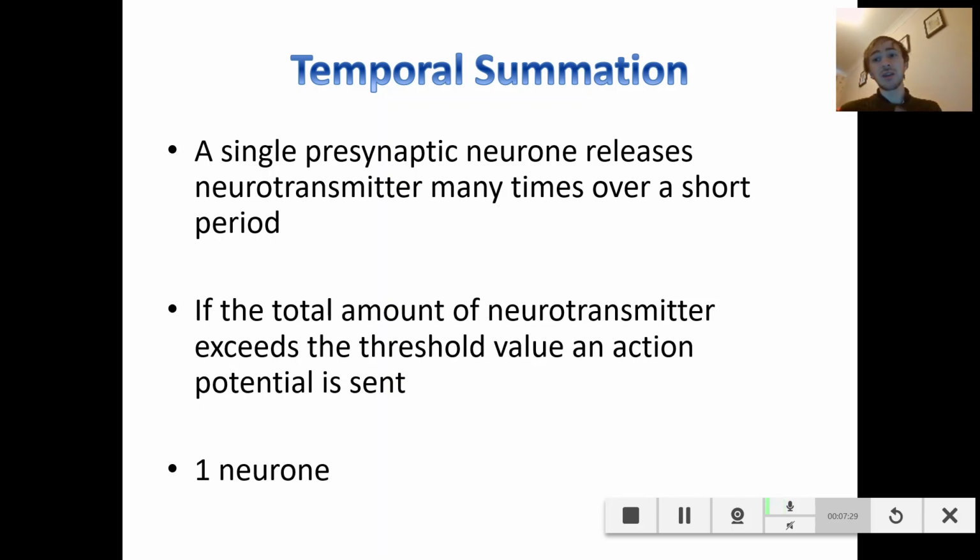But if it's activated multiple times, one after another, that will release neurotransmitter after neurotransmitter from the synaptic knob into the synaptic cleft, and that will lead to enough neurotransmitter being released to activate the postsynaptic membrane. But only if we exceed the threshold value for an action potential.